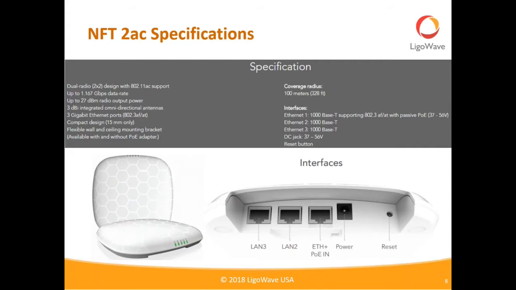One of the unique things that we have in LigoWave that other vendors do not is that all of our indoor APs have these 3 LAN ports on the bottom, and you can control the incoming VLAN per port, and this is very important in hospitality environments and in some other environments where you can hook up this AP and you can wire in, for example, the IP television, or you can wire in the minibar fridge, and they can be on their own separate VLANs, and they can wire into the AP in the room without the need for separately deploying a switch.